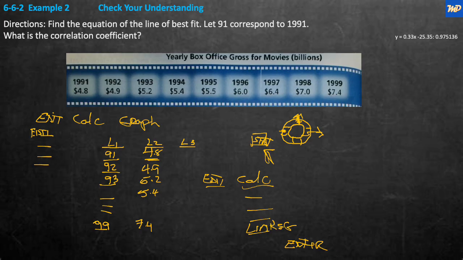What you're going to see now is a screen like you saw on the previous one. Let me bring up my calculator so that I can see and write down how it's going to look. Stat calc linear regression, enter.